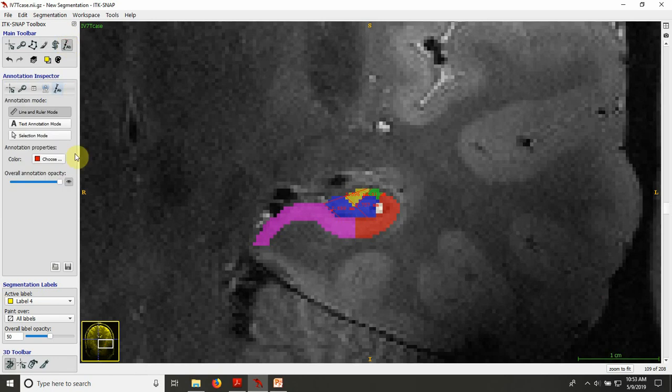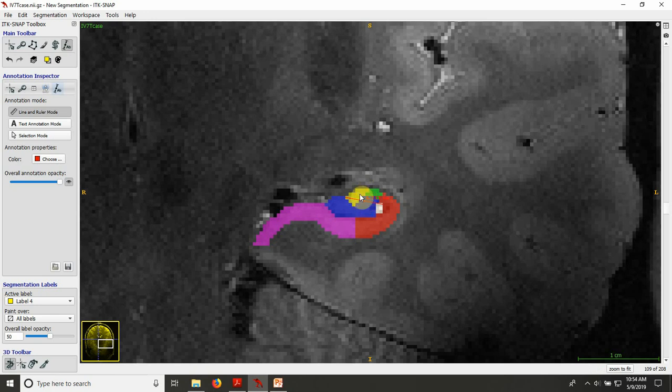Okay. So now I'm going to remove these lines because I'm still going to have to adapt the CA2, CA3 border. So now I'm going to draw a line from the most lateral dentate gyrus, and again from the cyst in this case to the most medial CA3. And then I'm going to draw a line straight up. And what you see here is actually that this point falls right in the middle of a voxel.